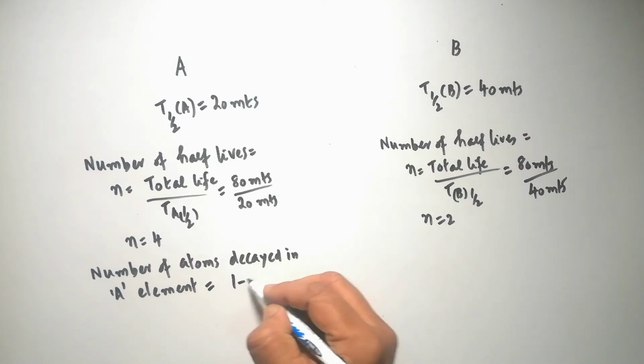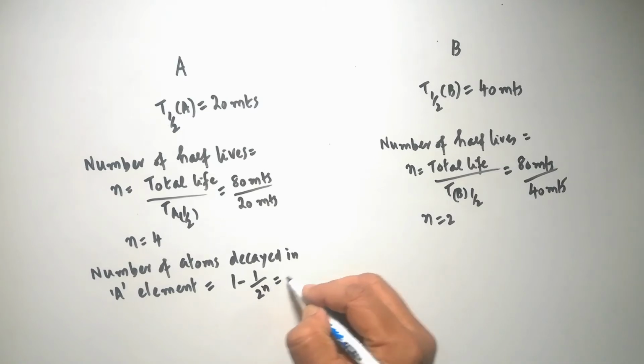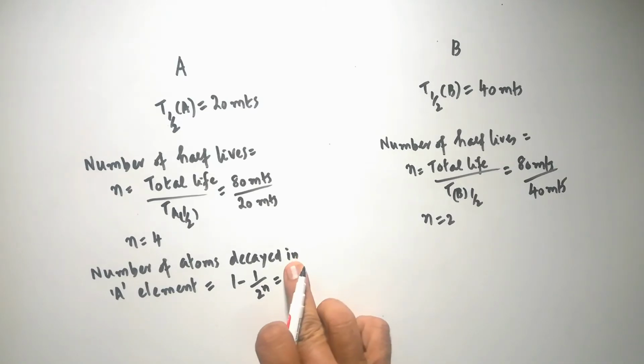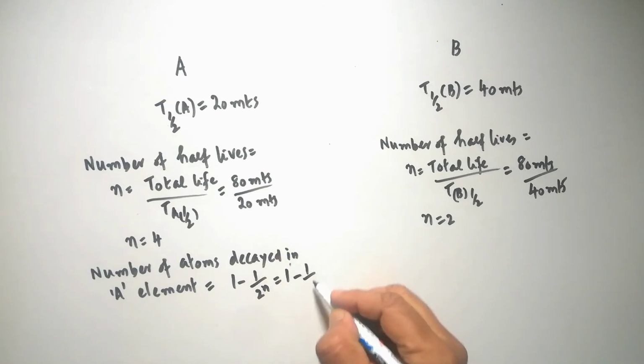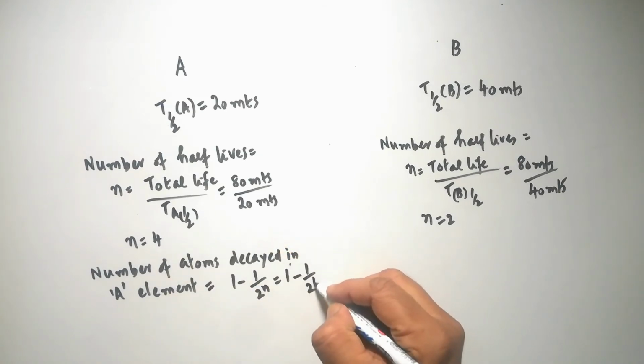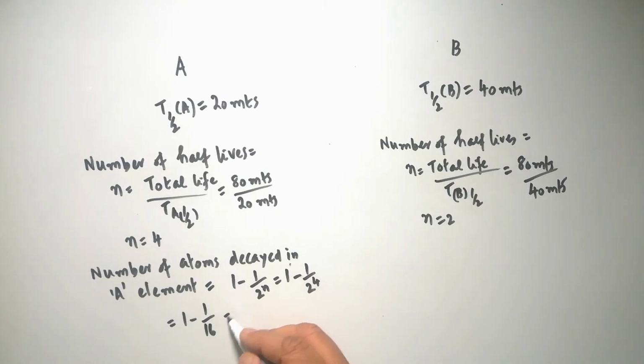It is 1 minus 1 divided by 2 power n. The value of n must be substituted in the formula. 1 minus 1 by 2 power 4. So what will be the answer? The answer will be 1 minus 1 by 16. After calculation, you will get the answer as 15 by 16. So this is the answer.